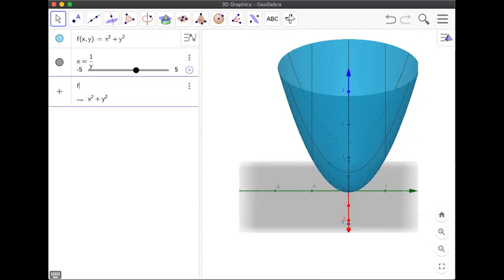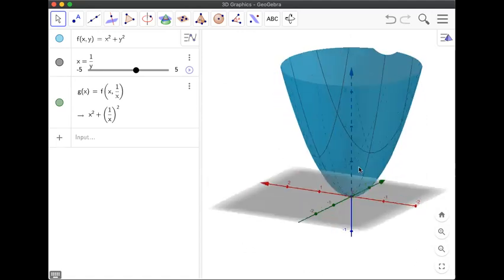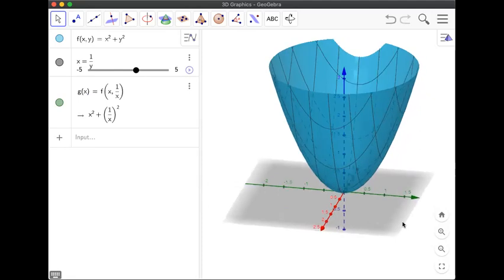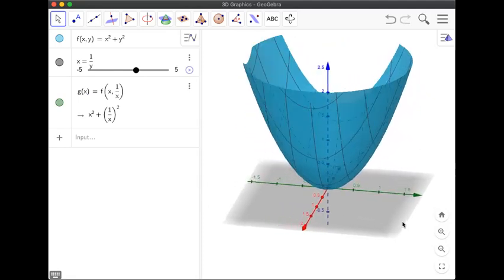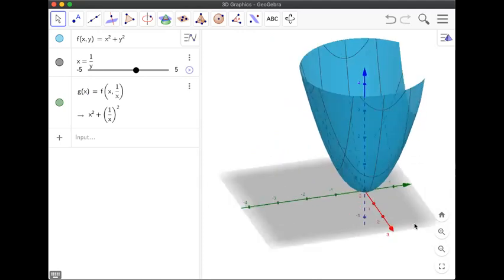I'll evaluate f of x comma 1 over x. So it gives me the same thing. It does not give the projection. But it is being cut.